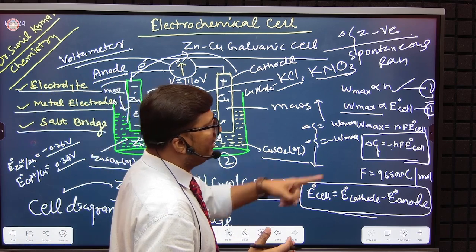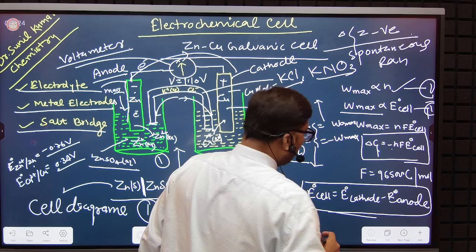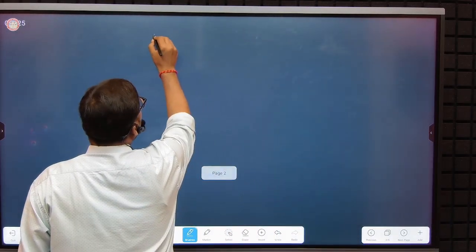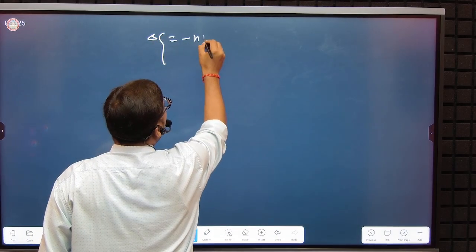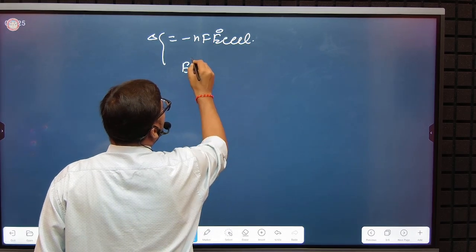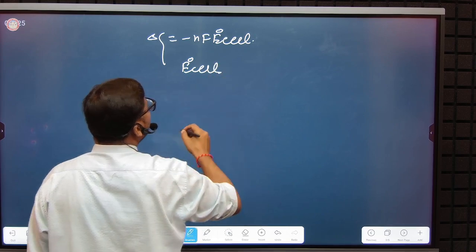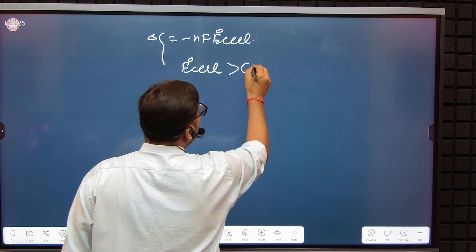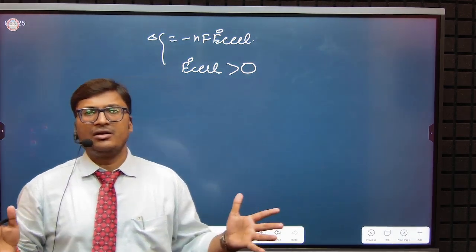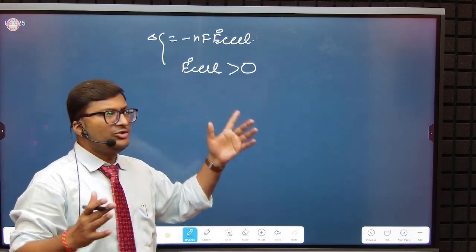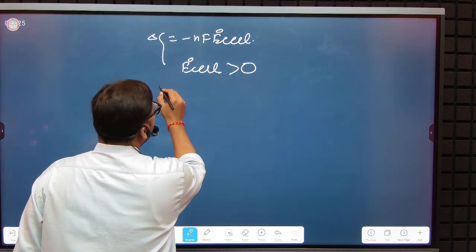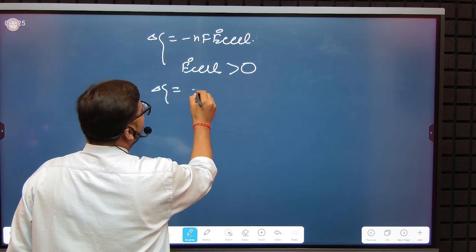So if E0 cell is greater than 0, it means the electrochemical cell produces a positive cell potential at standard state, then delta G should be negative, right?